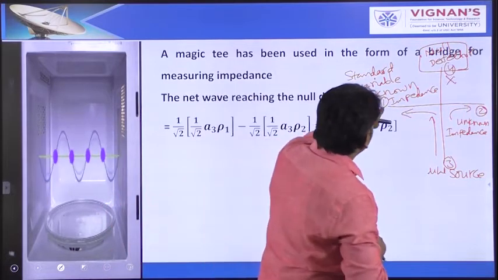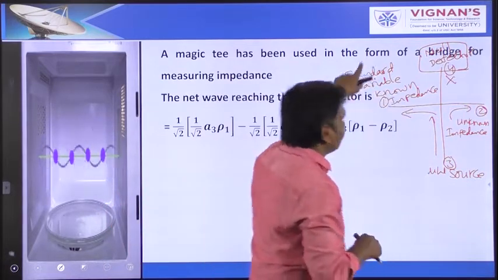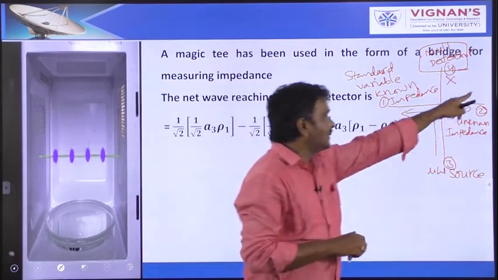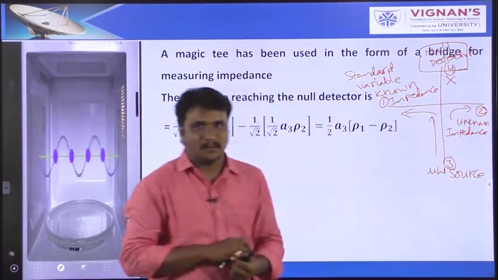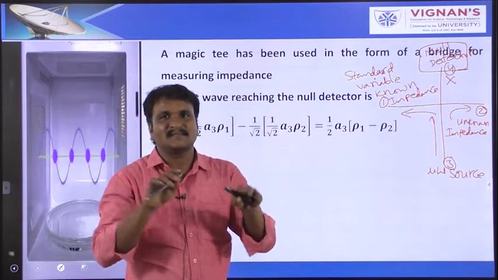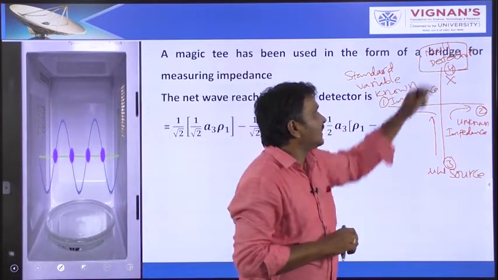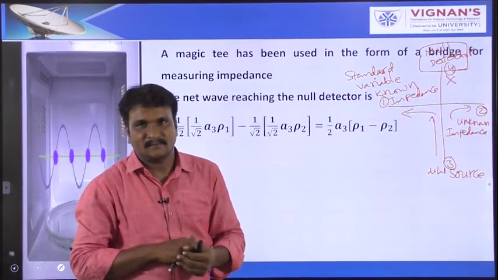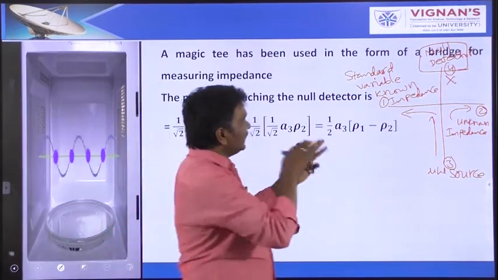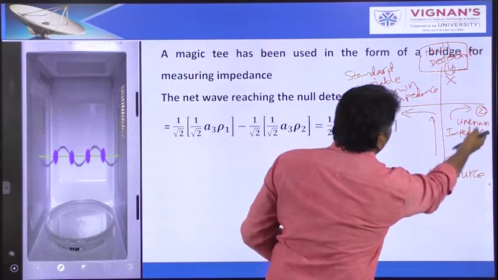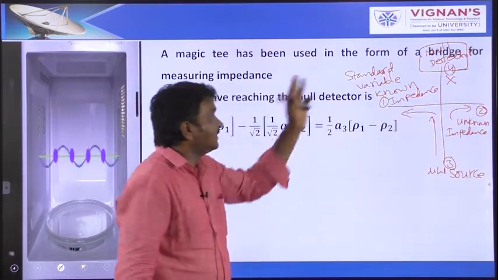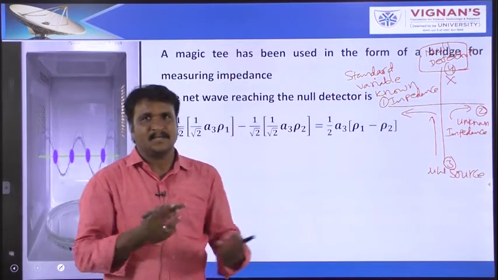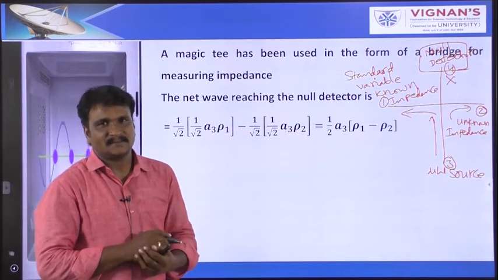The impedance connected at the first port is the same as the impedance at the second port. If both the impedances are equal, the null detector value will be 0. That is the balancing condition. So, we can easily say that this unknown impedance is the same as your standard variable known impedance. As simple as that.